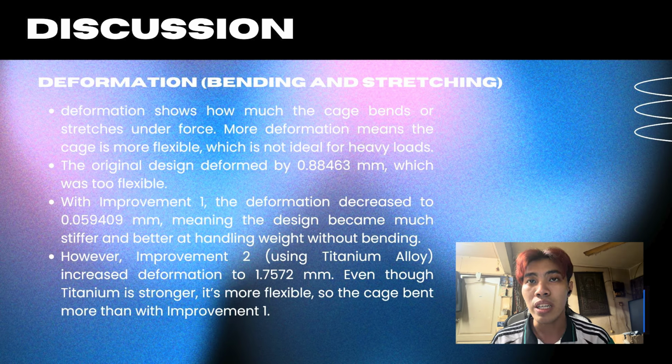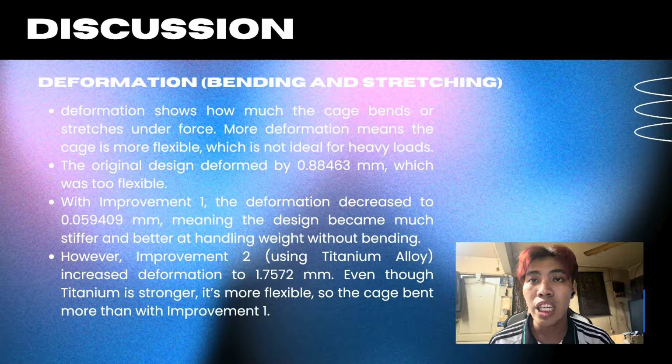With improvement 1, the deformation decreased to 0.059409 mm, meaning the design became much stiffer and better at handling weight without bending. However, improvement 2, which uses titanium alloy material, increased deformation to 1.6572 mm. Even though titanium is stronger, it's more flexible, so the cage bends more than with improvement 1.